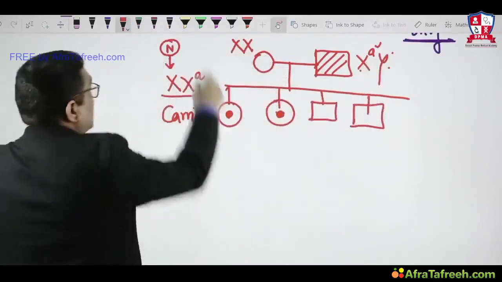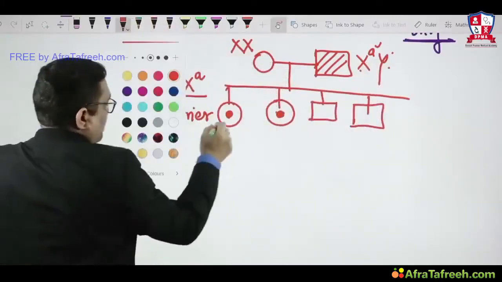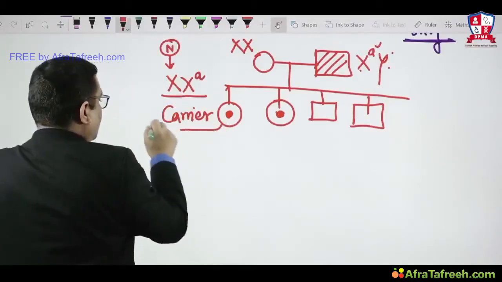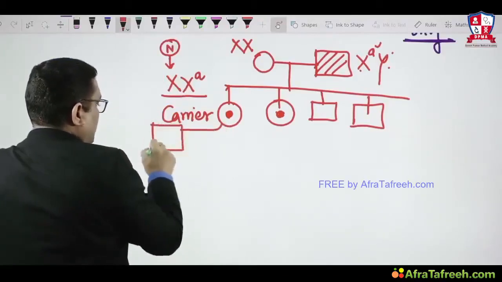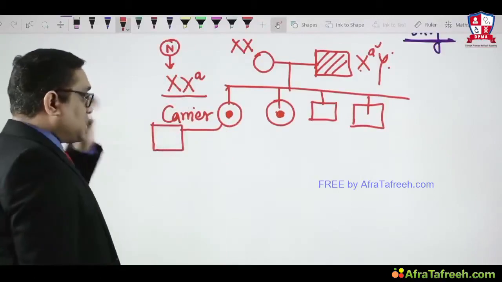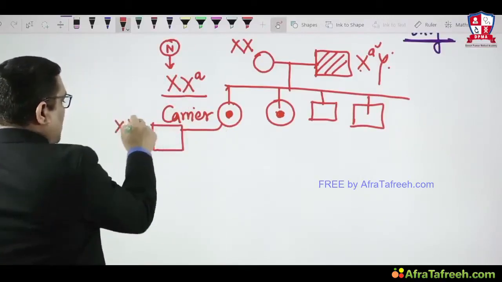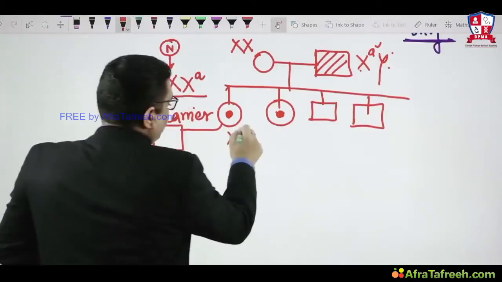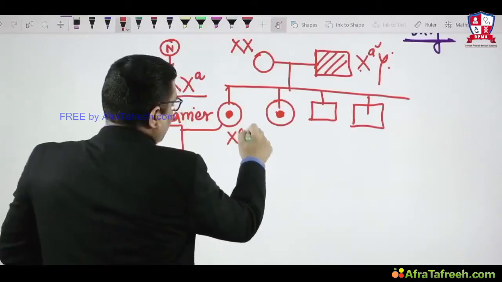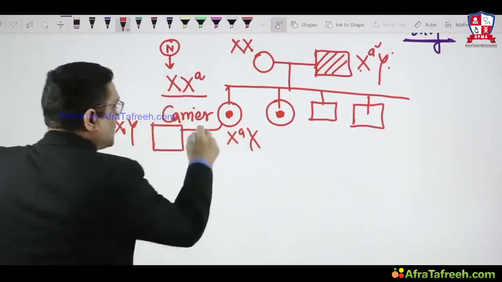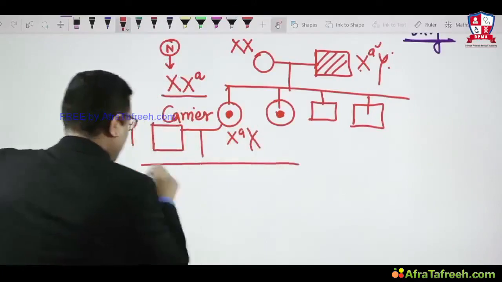Now look at another scenario, when this daughter marries another male who is normal. See, the male is normal, and here the female is a carrier, right? So what will happen in the next generation?